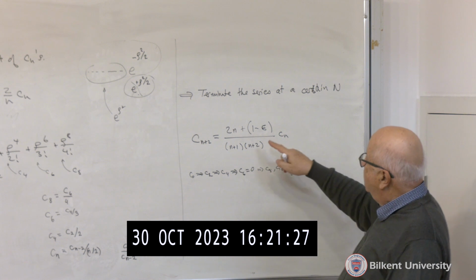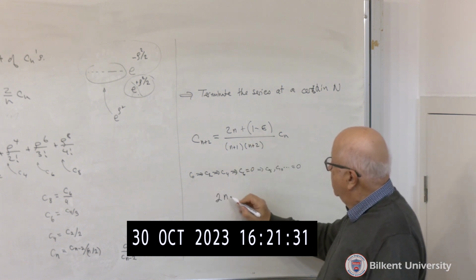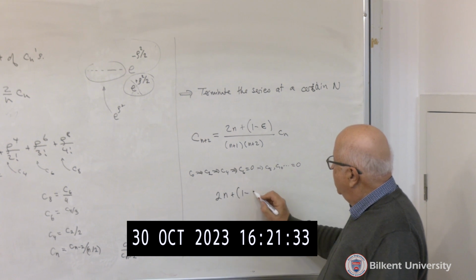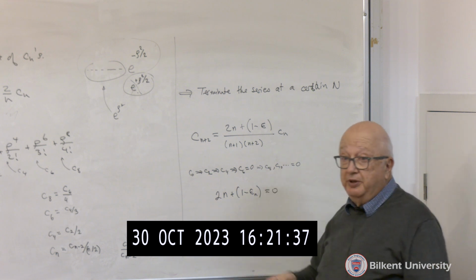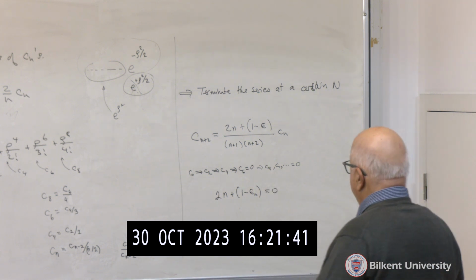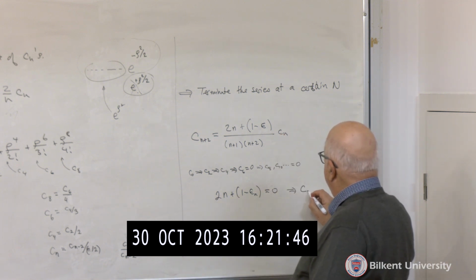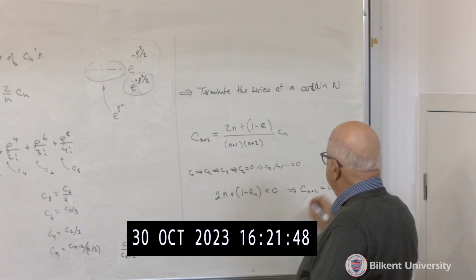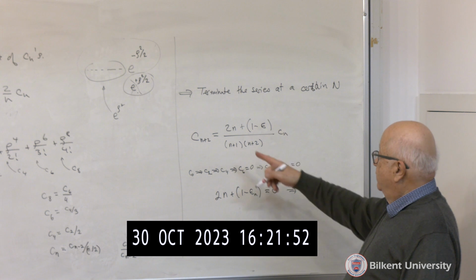So in fact, let's make it small n. If I choose 2n plus 1 minus epsilon_n equal to 0, so it's going to be different for different values of small n, that implies that C_{n+2} is 0, because the numerator is 0.